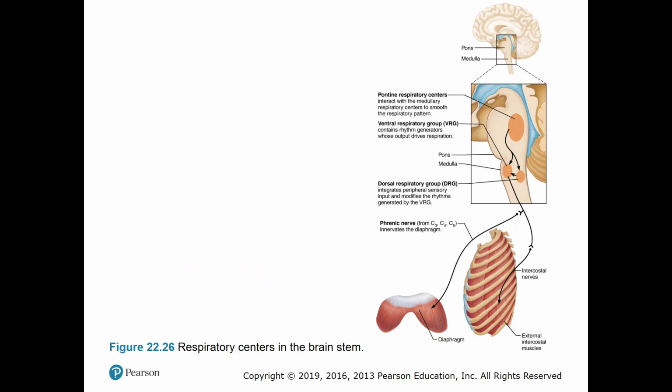Figure 22.26. The respiratory centers in the brainstem. So here the two components of the brainstem are the pons and medulla, and we can see that the pontine respiratory centers interact with the medullary respiratory centers to smooth the respiratory rhythm, whereas the VRG in the medulla contains the rhythm generators whose input drives respiration, and the dorsal respiratory group integrates peripheral sensory input and modifies the rhythms generated by the VRG.